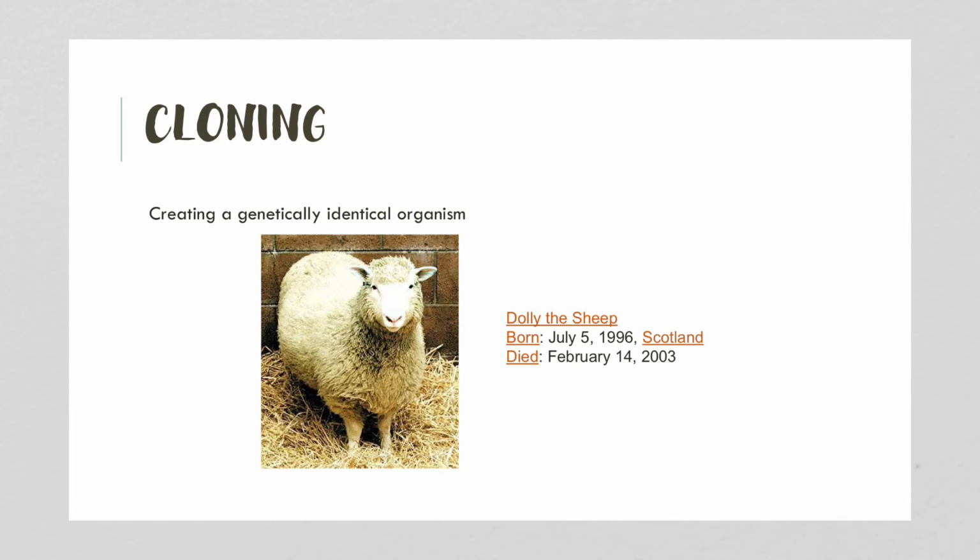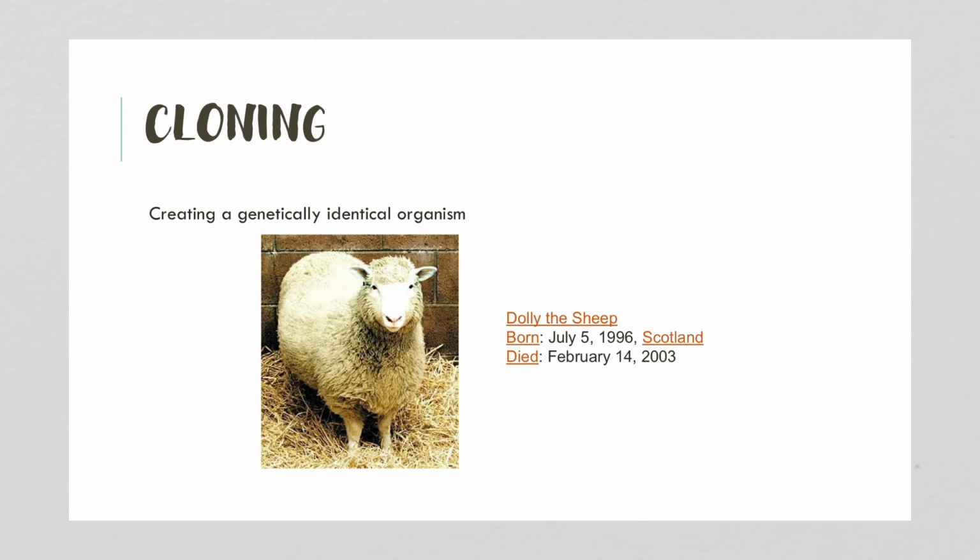So the way the cloning happened was, Dolly's mother, or who Dolly was cloned from, had a nucleus taken from a mammary gland cell, from an adult sheep, and an egg was taken out of another adult sheep.